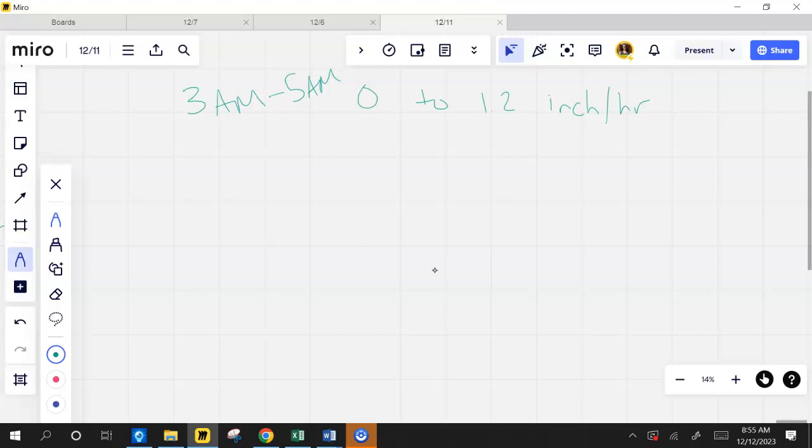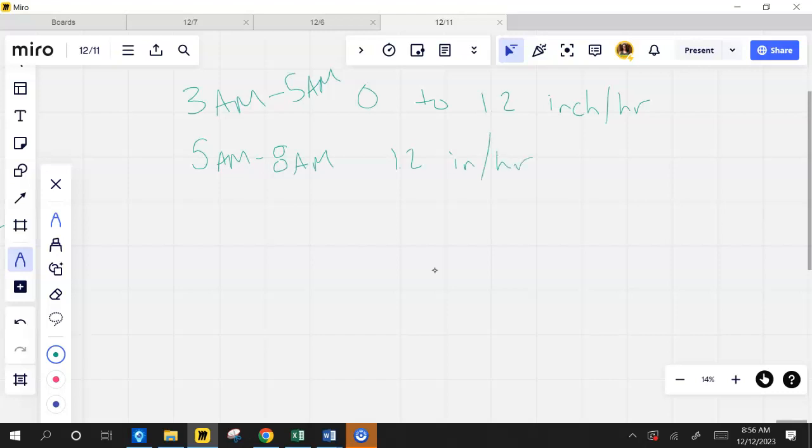For the next 3 hours, it continues to fall at 1.2 inches per hour. So for the next 3 hours, so now I'm from 5 to 8, steady at 1.2 inches per hour.